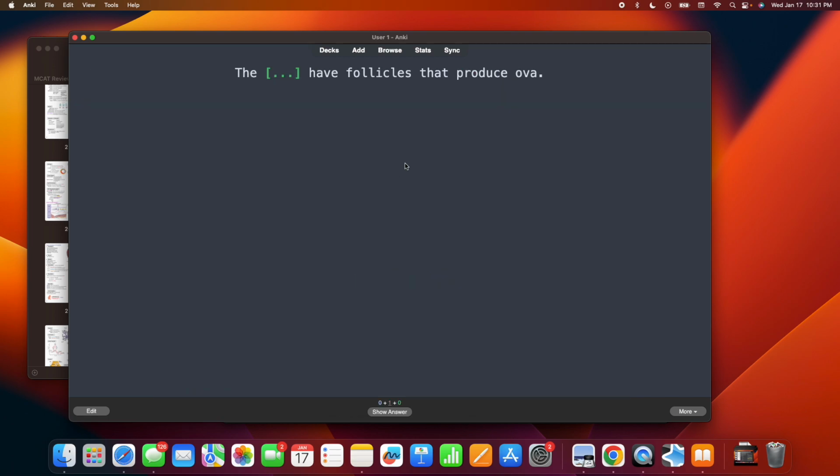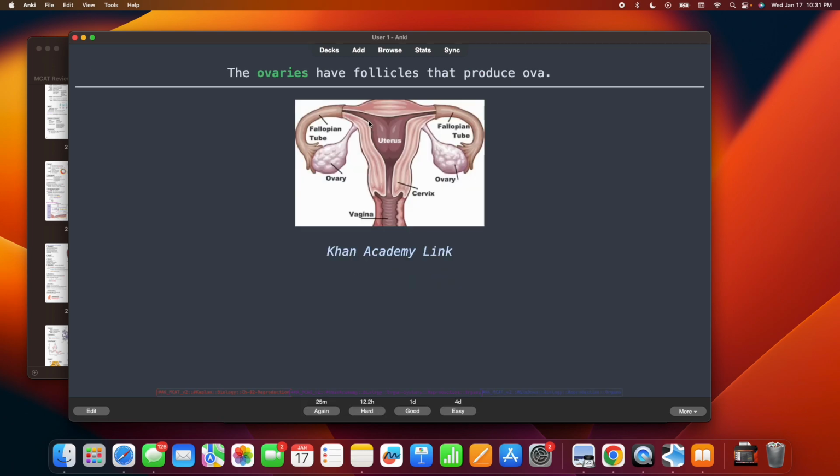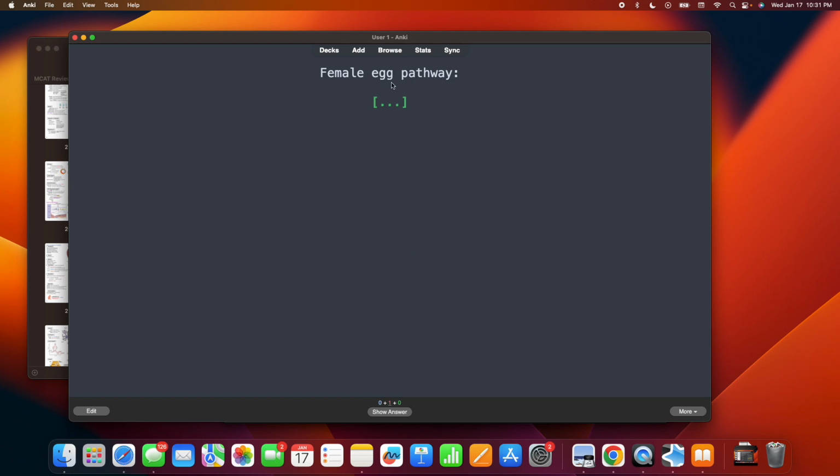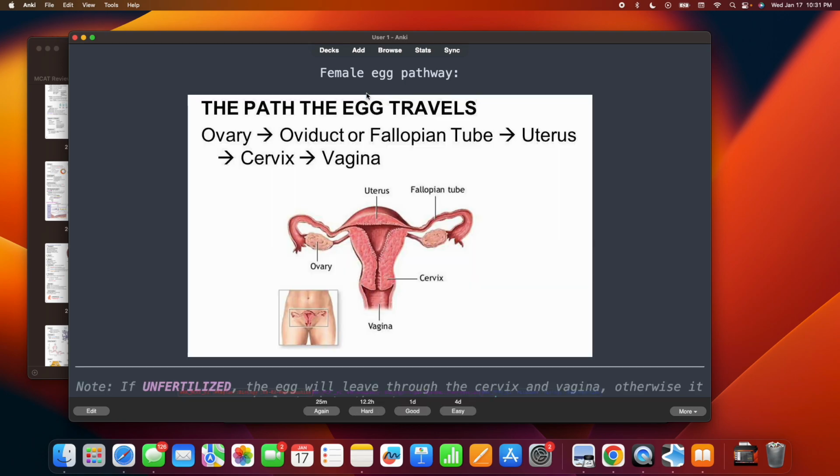What has follicles that produce ova? It's ovaries. Female egg pathway is from ovaries to fallopian tubes to uterus, cervix, and vagina.